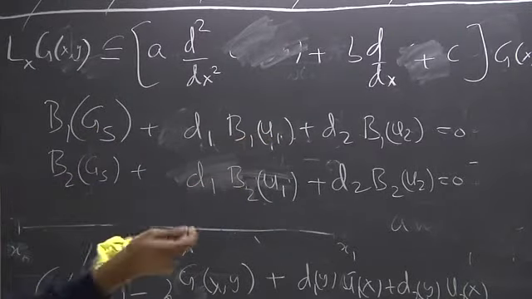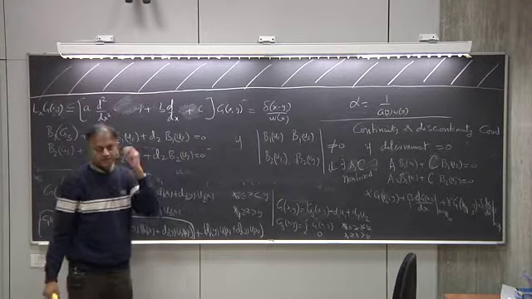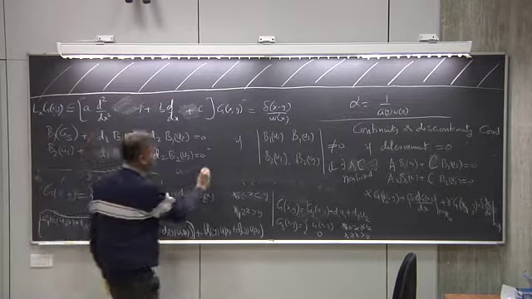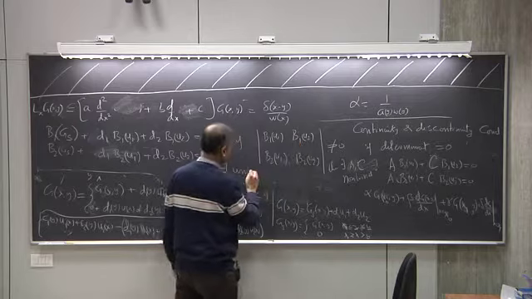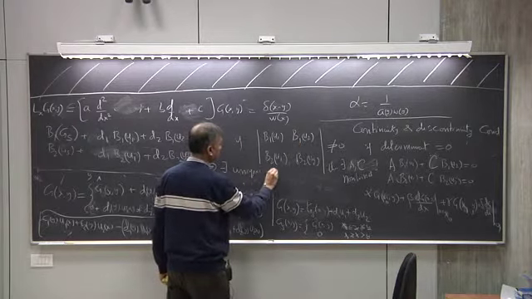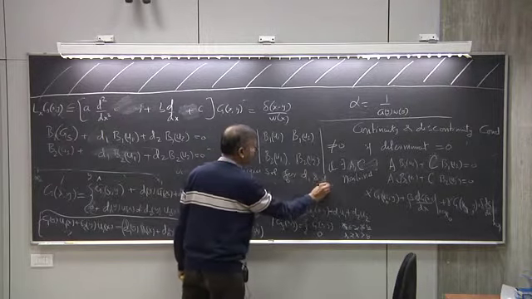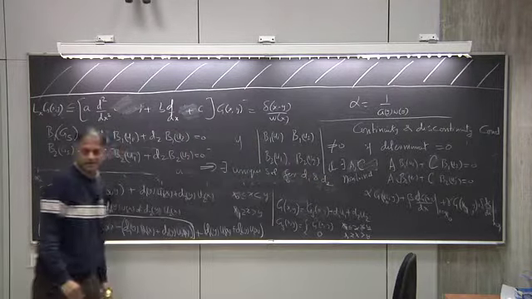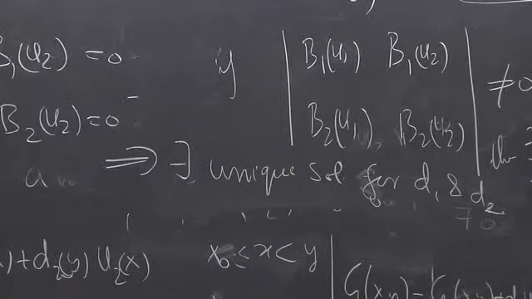Then you just take the inverse of this matrix and you get a unique solution for D1 and D2. And that way you determine the Green's function completely uniquely. So this is the main idea.